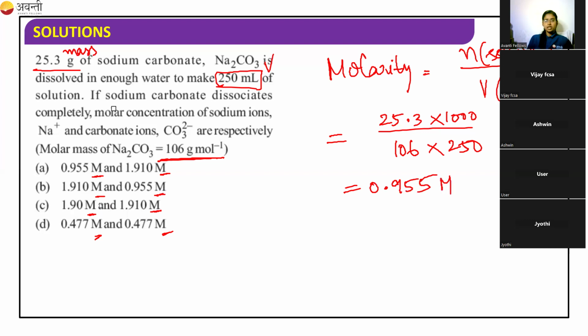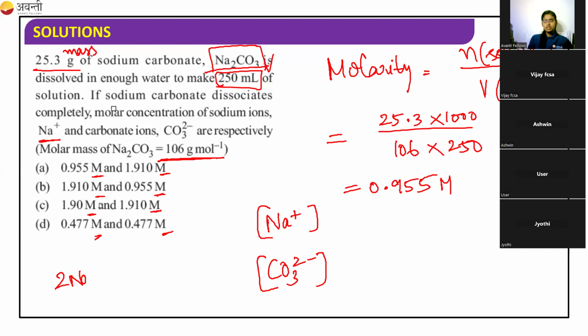So if sodium carbonate dissociates, we have to find out the concentration of sodium ion and the concentration of carbonate ion. Okay. So in the given formula, how many sodium ions are there? Actually, it is 2 Na+ and 1 CO3 2-. This is how we have to separate the sodium carbonate compound, right?